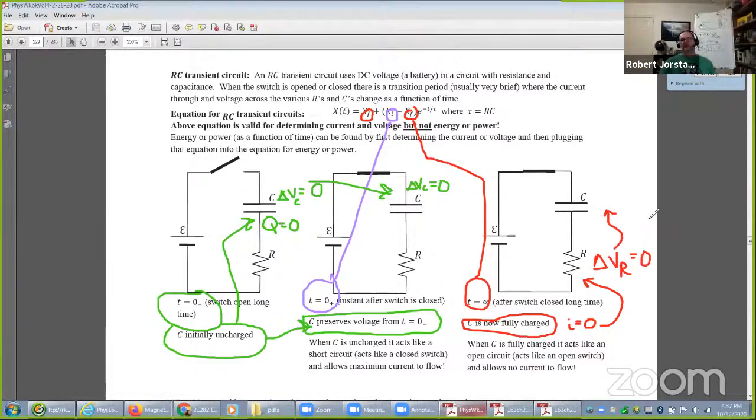So the trick in these problems is the equation is easy enough. You have to know the right order to do things. And this may seem kind of convoluted at first, but it turns out this same procedure is used with one different rule again in 2 or 3 chapters when we start talking about inductors instead of capacitors.